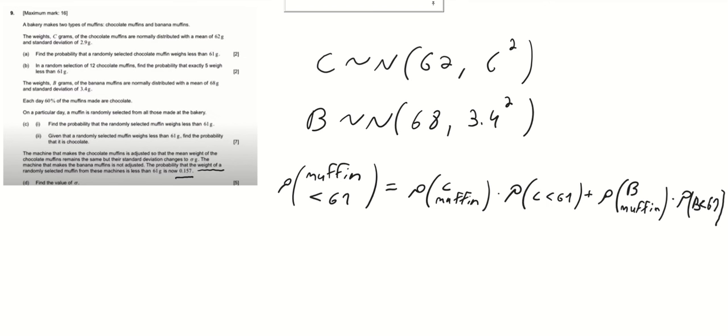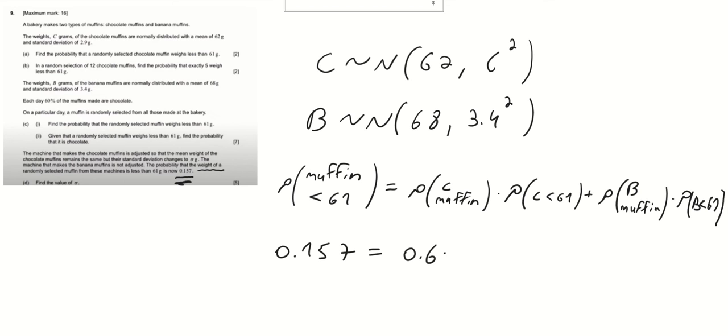So now let's put in the numbers. The probability of that is 0.157. This is again what is known here. Now the probability that it is a chocolate muffin is 0.6. And the probability now that this chocolate muffin weighs less than 61 is a variable.